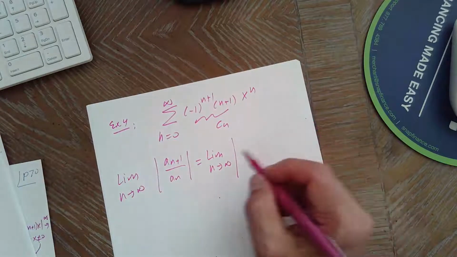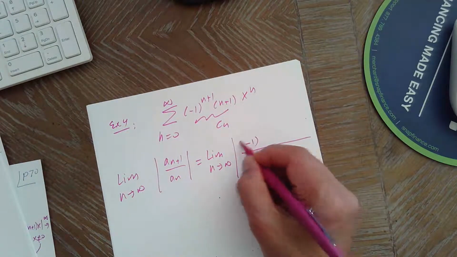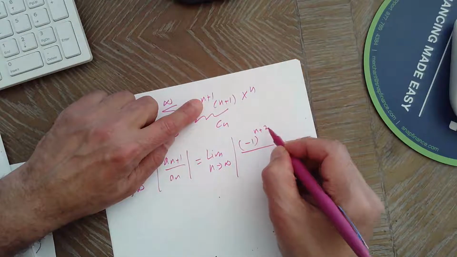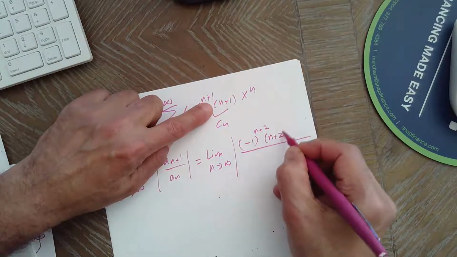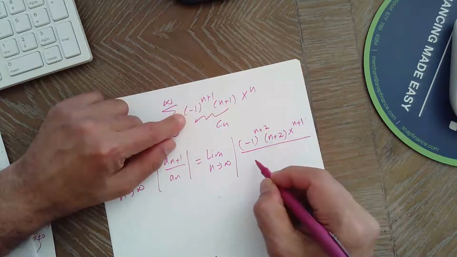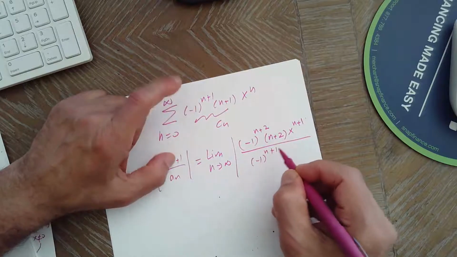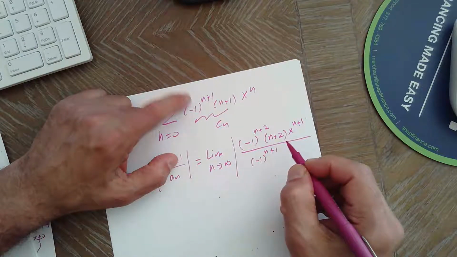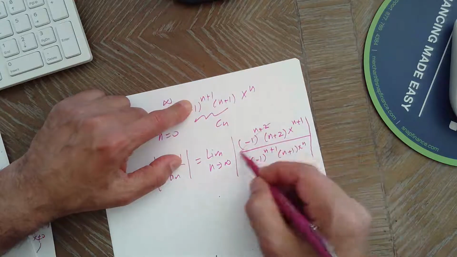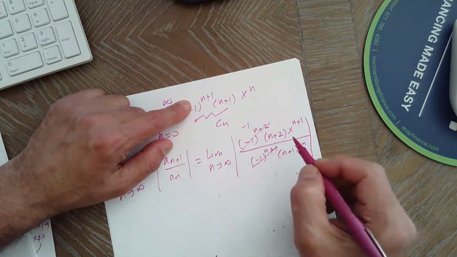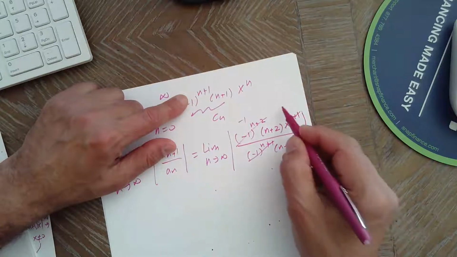We have negative 1, n plus 1 becomes n plus 2, x to the n plus 1, over an, which is n plus 1, x to the n. So we have negative 1, and then x on top.